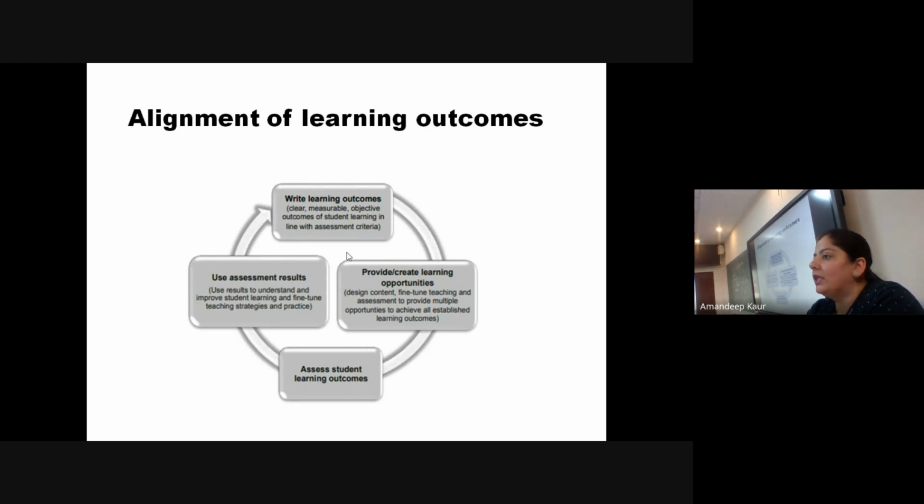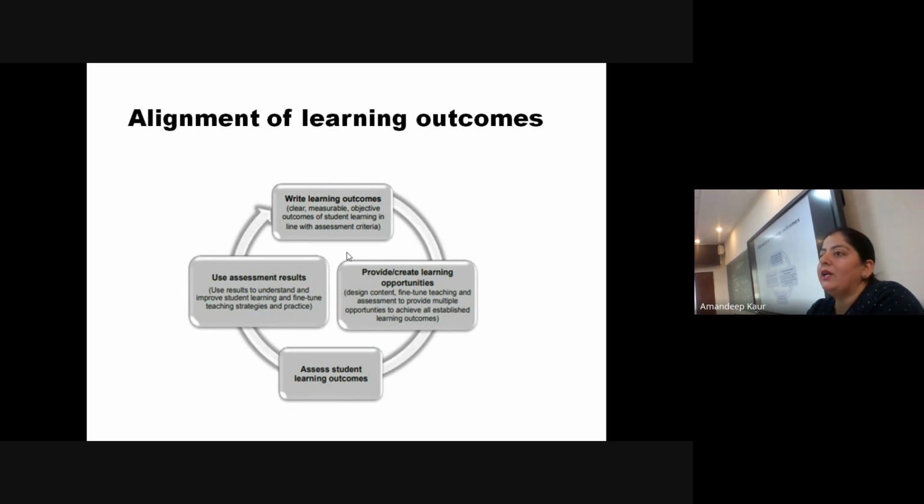Assess the student learning outcome. Whatever learning outcome you have designed as a teacher, it is your moral responsibility to assess the outcomes achieved by the student. If those assessment results are not up to the mark, the faculty at a lower level, and at a larger extent the department, need to take corrective measures as far as faculty performance is concerned.